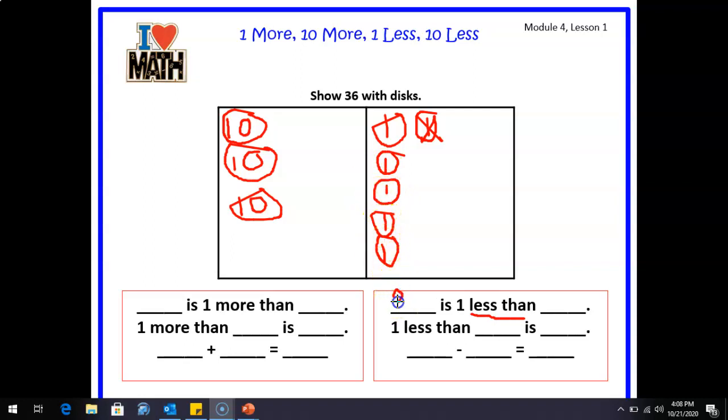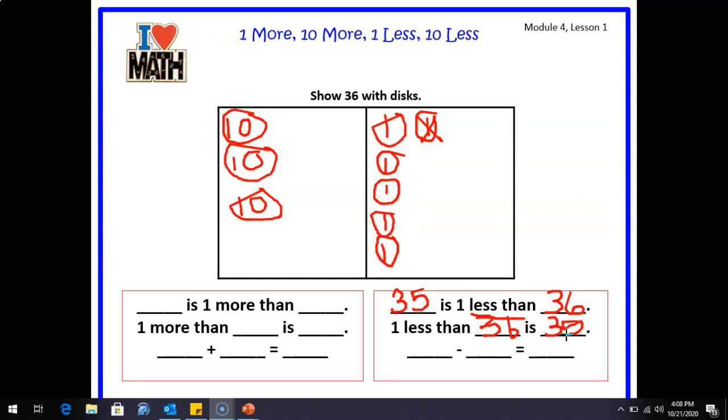So 35 is 1 less than 36, boys and girls. And 1 less than 36 is 35. Now, what did I do to change the 36? Think about it. What did I do, boys and girls?